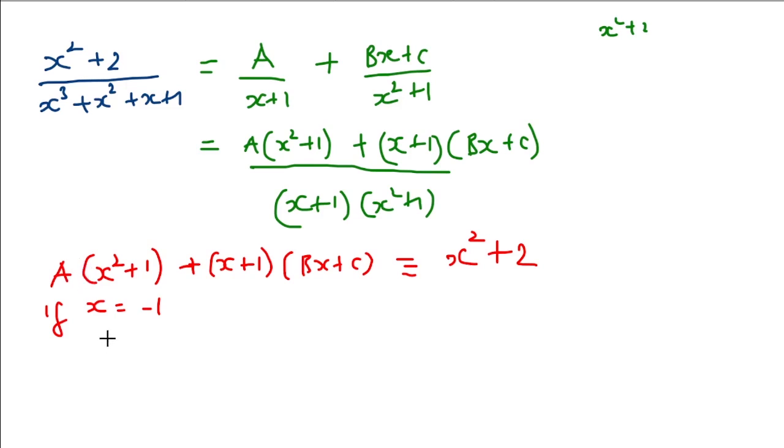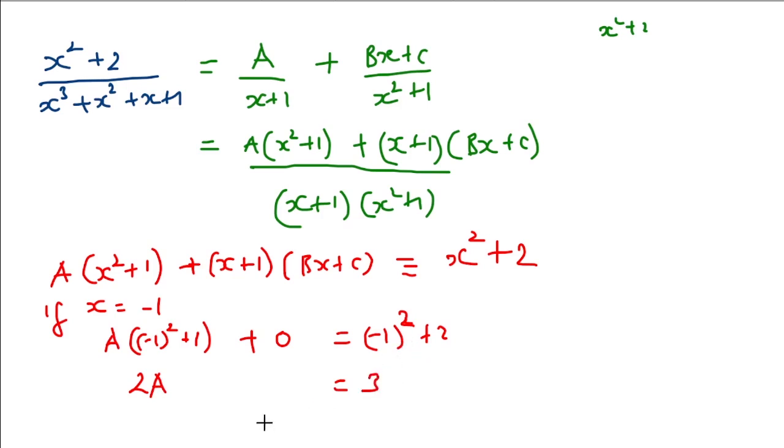So when we substitute, we have a into -1 squared plus 1, plus this will be 0, equal to -1 squared plus 2. So this will be 2a equaling to 1 plus 2, which is 3. So we get our a as 3/2.